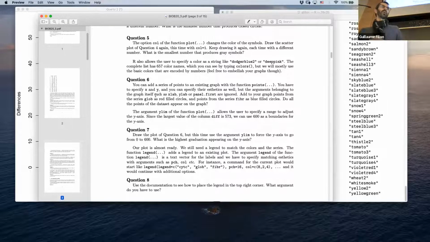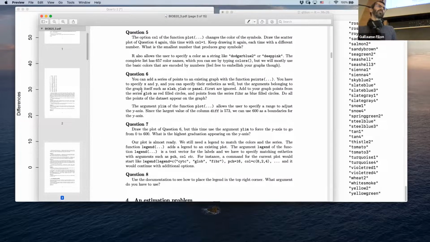You have to specify x and y, that's the minimum. And you can specify their aesthetics as well, that's an option. But the arguments belonging to the graph itself, such as xlab, ylab, panel first, are ignored. Right? Like it won't complain, but if you pass them, it just does nothing with them because they have already been done at the moment you call points.